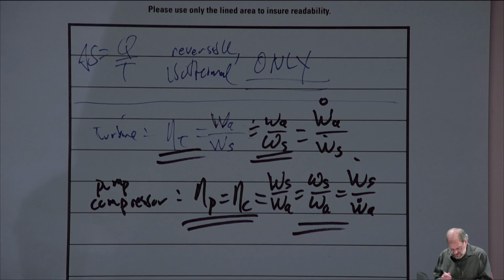Keep in mind that in the real world, things are not isentropic, right? Isentropic would imply reversible, adiabatic, but real pumps, turbines, and compressors aren't reversible. There's losses, right? There's friction, various forms of friction, and other losses that we're not going to discuss right now.